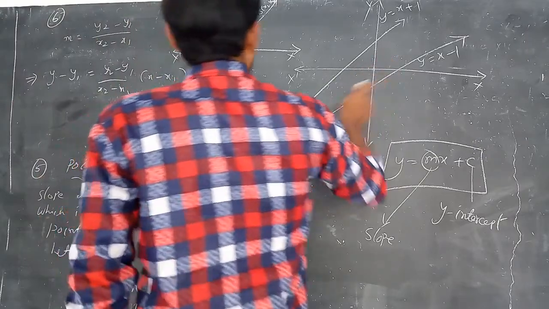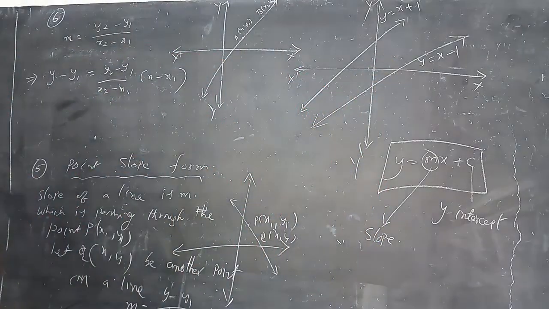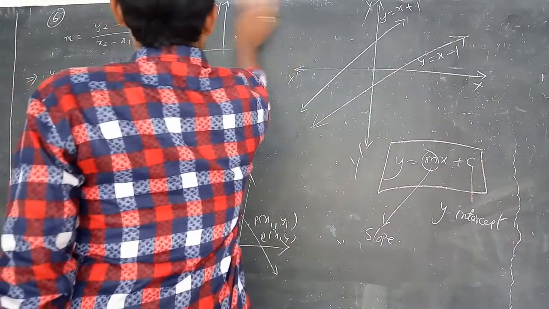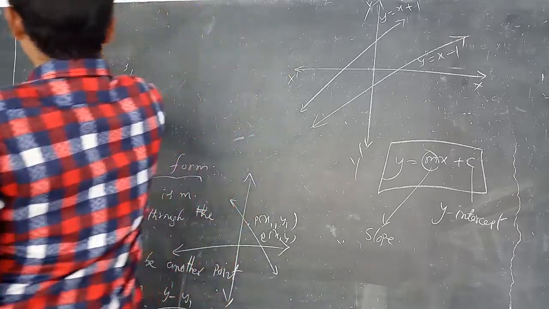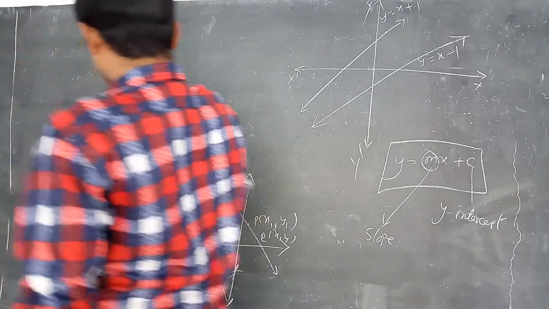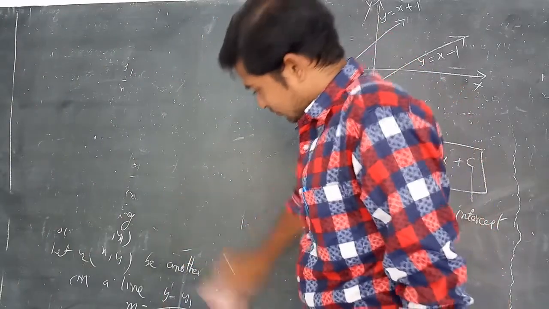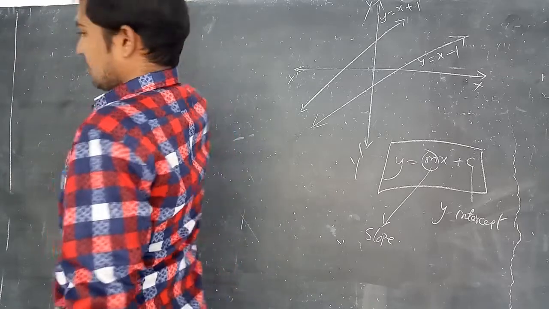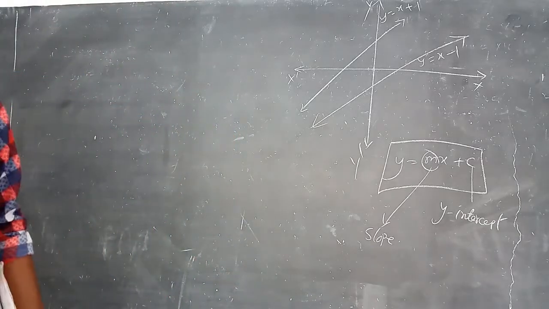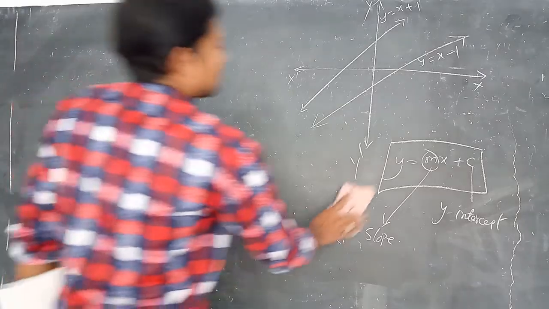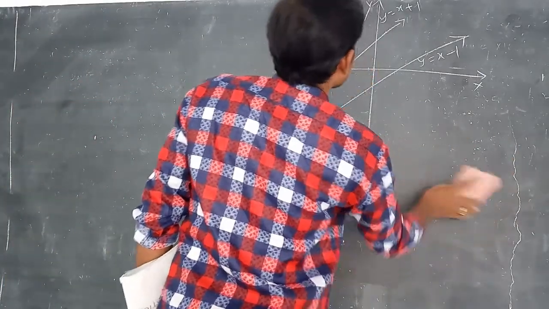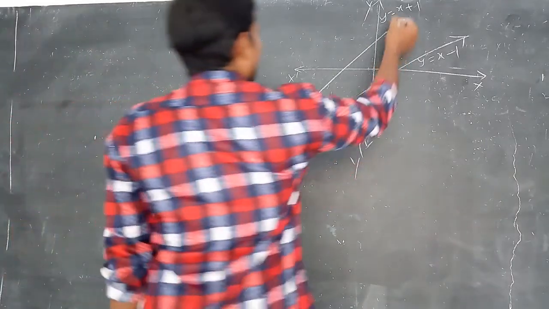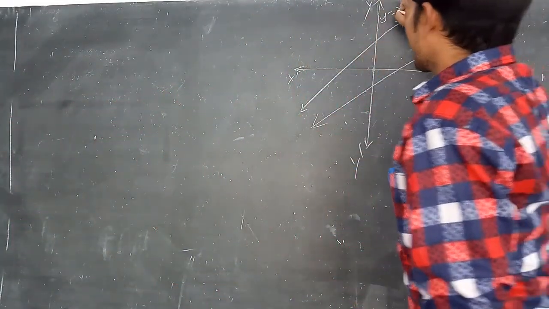See, in this figure, these two lines are parallel. Observe their slopes. The x coefficient is the slope.